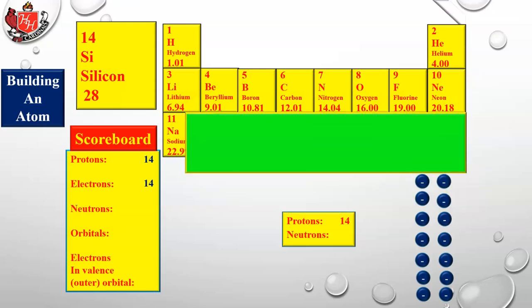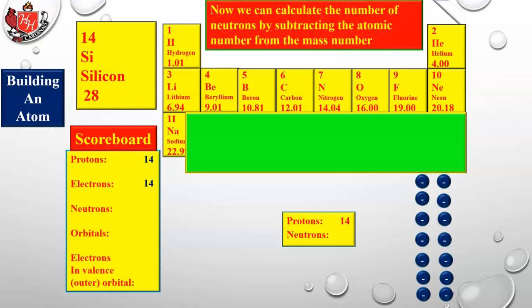Now we're going to compute how many neutrons we have. We can calculate the number of neutrons by subtracting the atomic number from the mass number. So the mass number is telling us how many total protons and neutrons right there. Mass number, protons and neutrons is 28. We know that the atomic number is the number of protons.